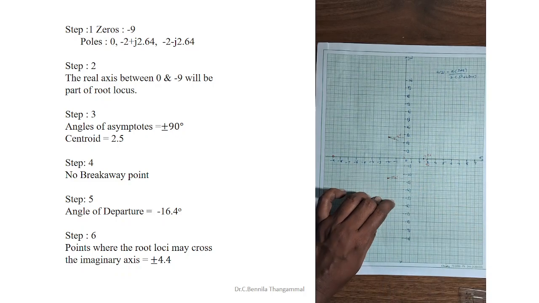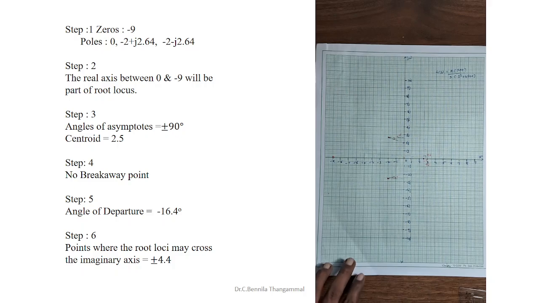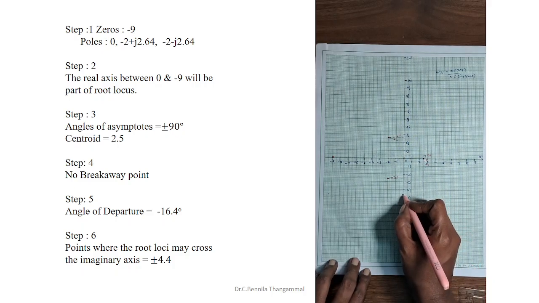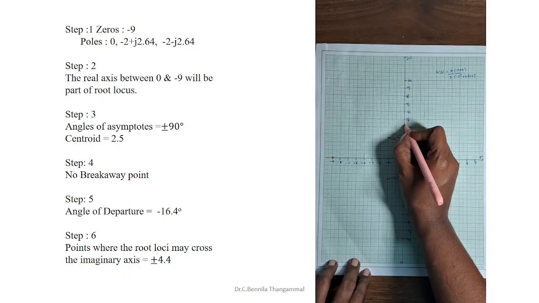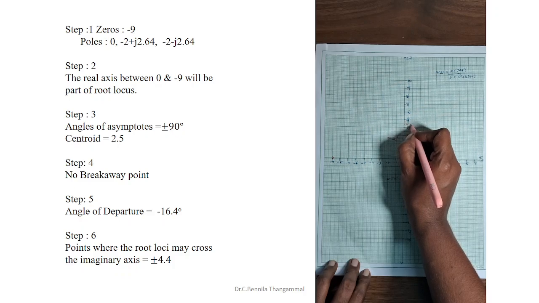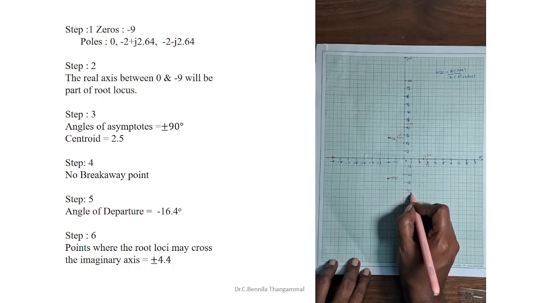Next, we have found the point at which the locus crosses the imaginary axis. It crosses the imaginary axis at 4.4j, and here at minus 4.4j.